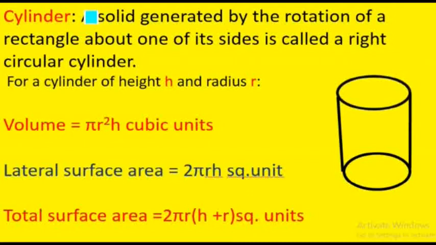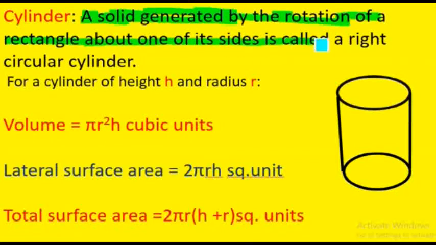Cylinder: a solid generated by the rotation of a rectangle about one of its sides is called a right circular cylinder.